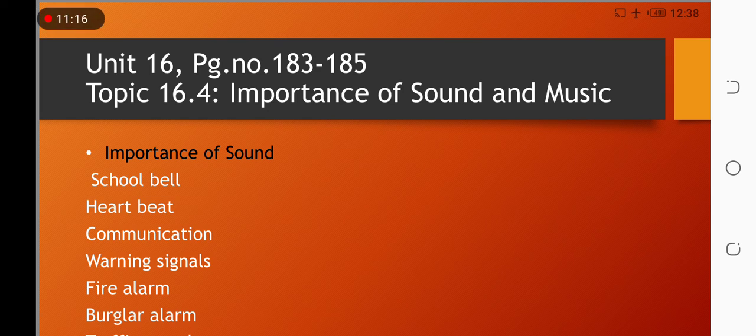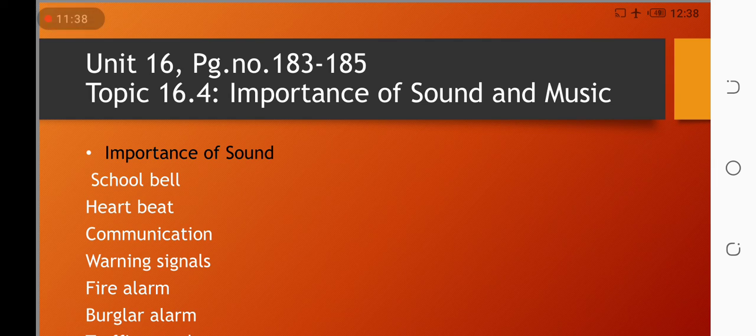So there are a lot of musical instruments through which sound can be produced. For example, wind instruments produce sound when air is blown into them. So this is also an example of a musical instrument.